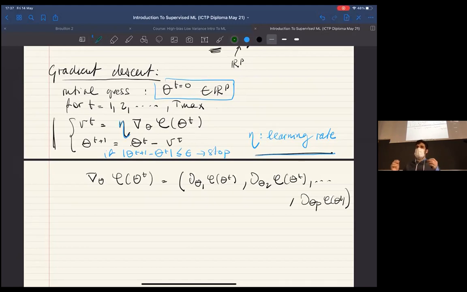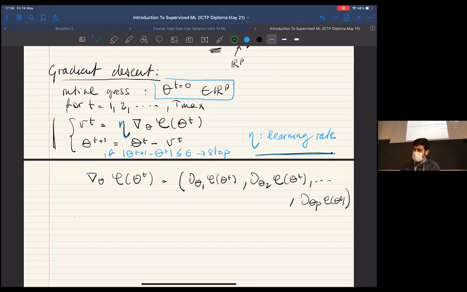One is that this algorithm is very sensitive to the initial guess. If your initial guess is bad, if you have a very rough landscape with many minima all around, you will converge to the closest local minimum, and that's it. You're stuck. You have no guarantee to find the global minimum, of course. You have a guarantee to find a local minimum if the learning rate is small enough, but that's it.